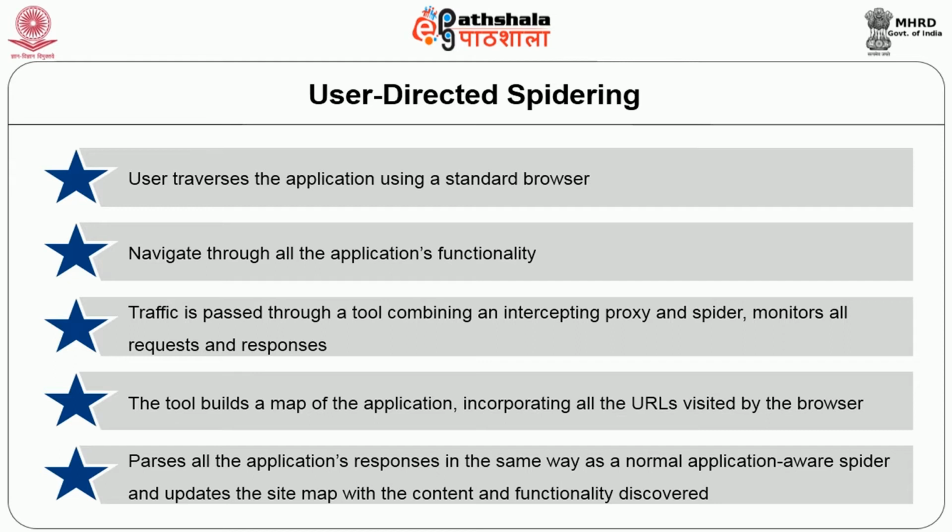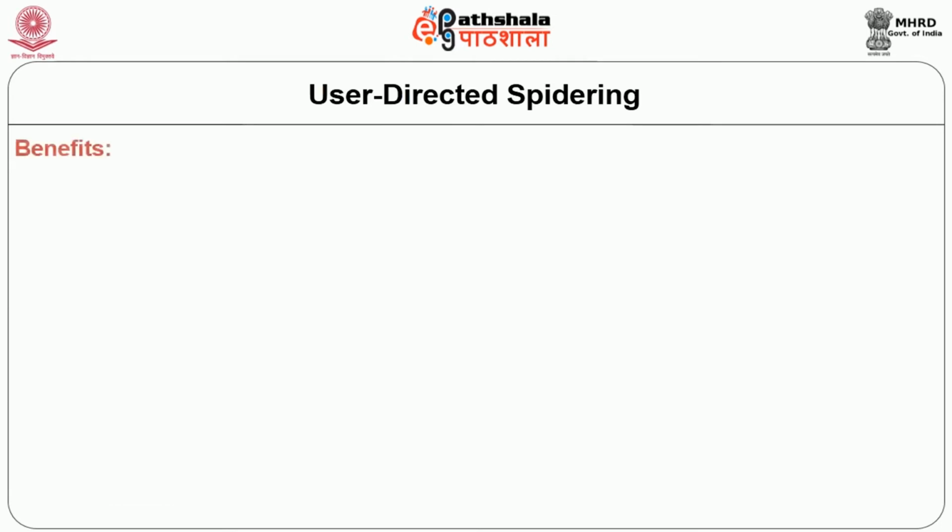The tool builds a map of the application incorporating all the URLs visited by the browser, parses all the application's responses in the same way as a normal application-aware spider, and updates the site map with the content and functionality it discovers. This approach has many advantages compared to the basic spidering approach.